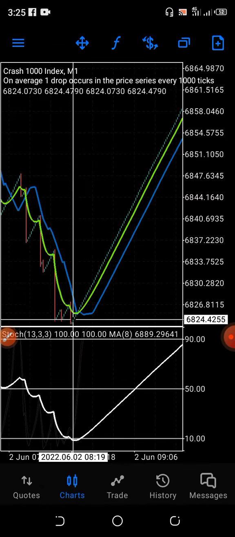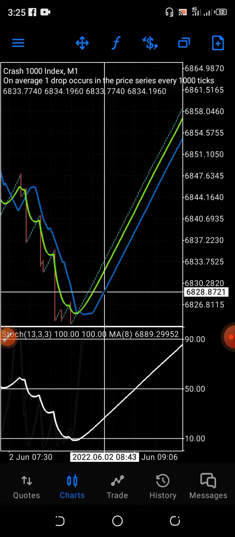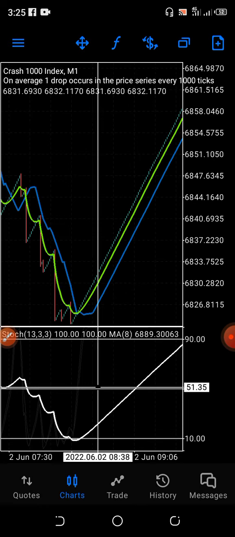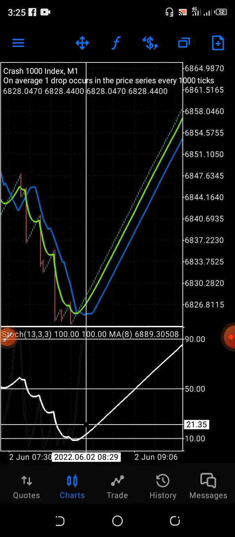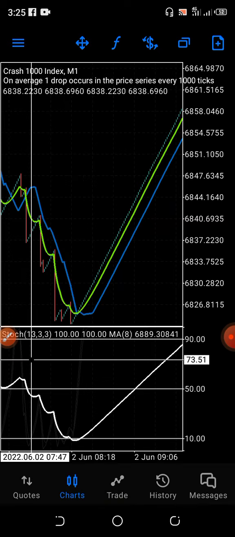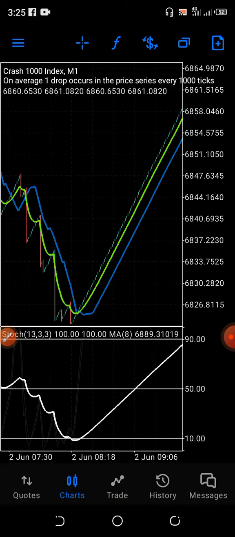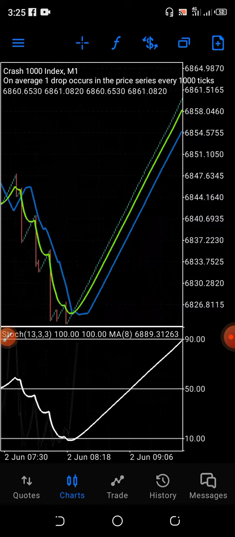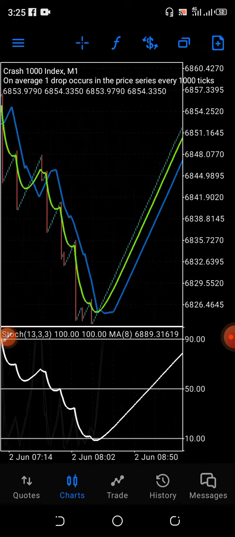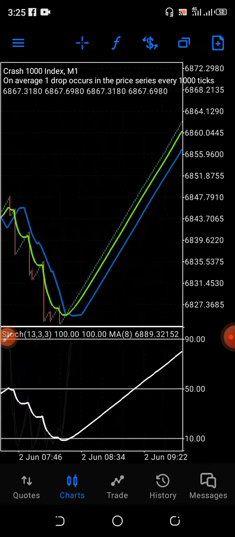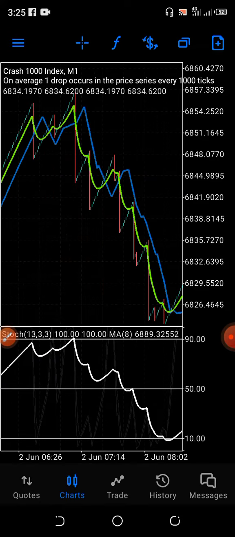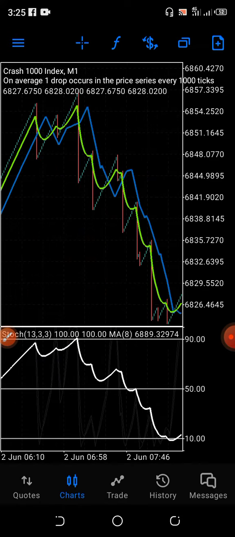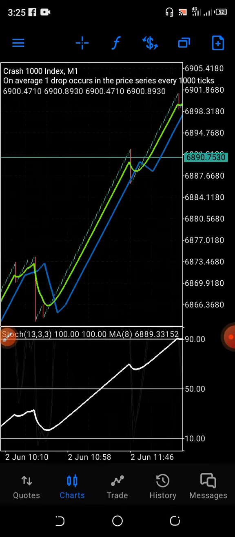Once it makes a curve, at that very point, how do you know it will take you a long way? When you try to shift it back, it will not leave the 10 levels. Watch it. When that happens, be sure to enter your scalping.